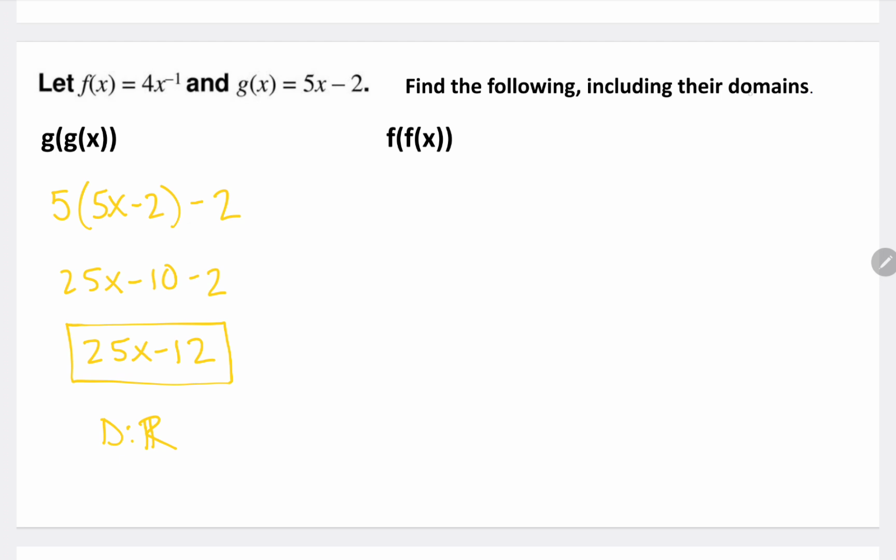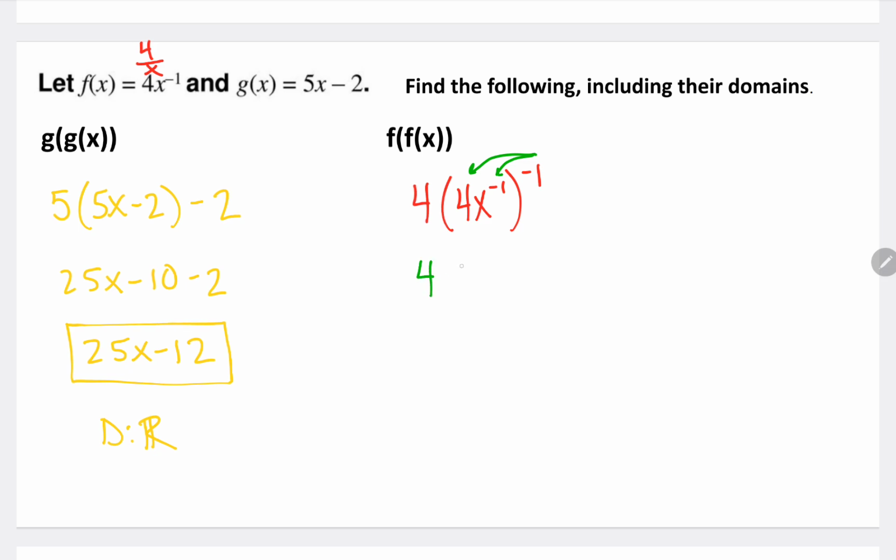Plugging f into f looks a little messier. Because remember, f again is 4 over x. So in this case, maybe it would be easier to keep it as 4x to the negative first power. So I have 4 where the x is. I'm going to plug in 4x to the negative first, and then I'm going to distribute that negative first power.